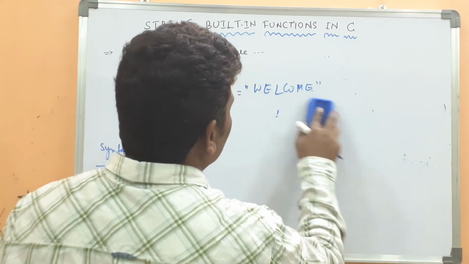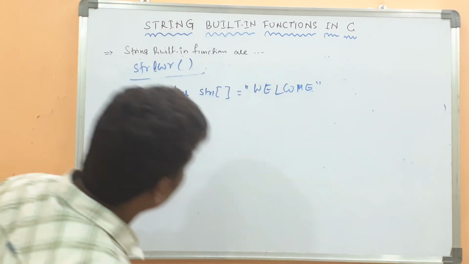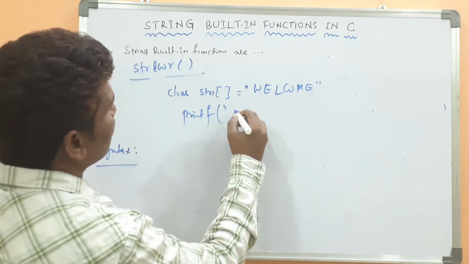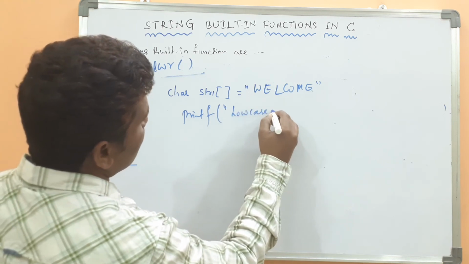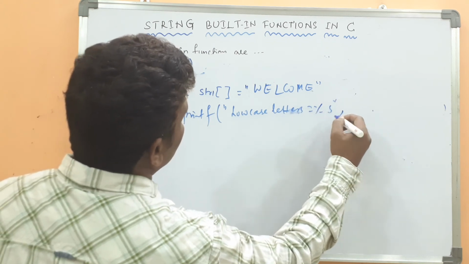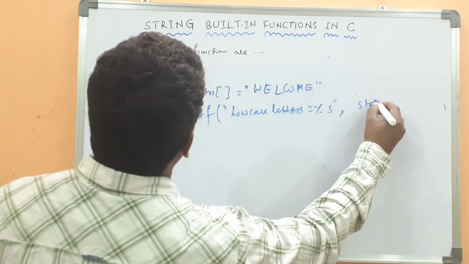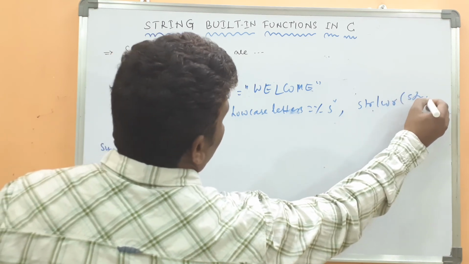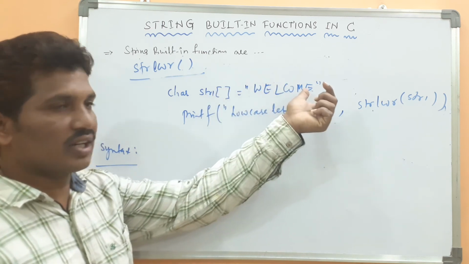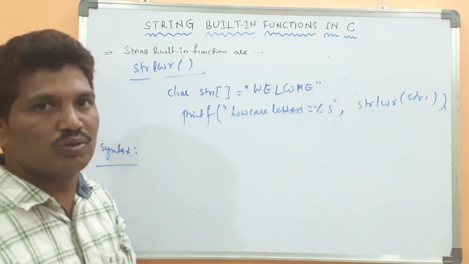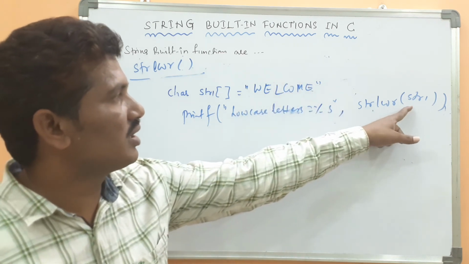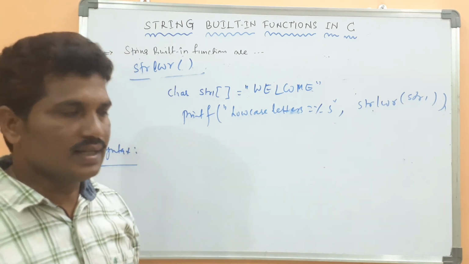How do you display the lowercase letters? printf "lowercase letters equals %s", then strlwr of string 1. Here string 1 is initialized with all capital letters. If they are small letters, the same output would be displayed. Capital letters will be converted into small letters, the lowercase letters.